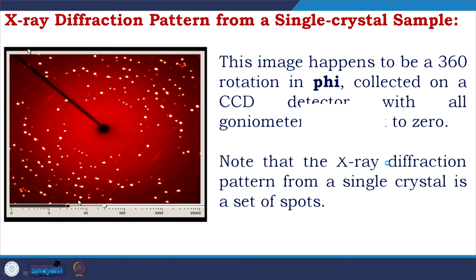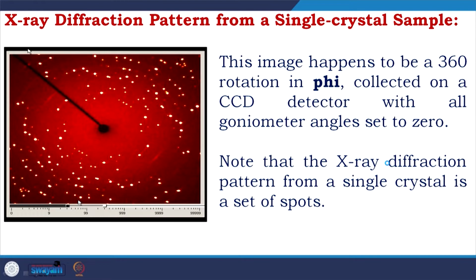Today we will see how the image is collected, a 360-degree rotation in phi collected on a CCD detector with all goniometer angles set to 0, which we talked about, how we could change the angles, make it fixed, make it aligned, because alignment is very critical.